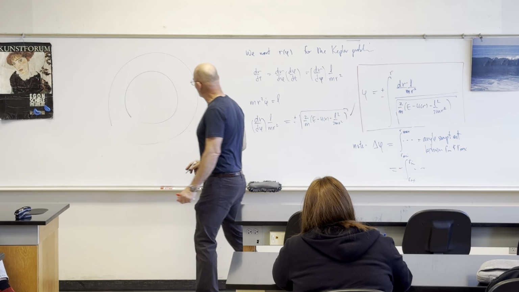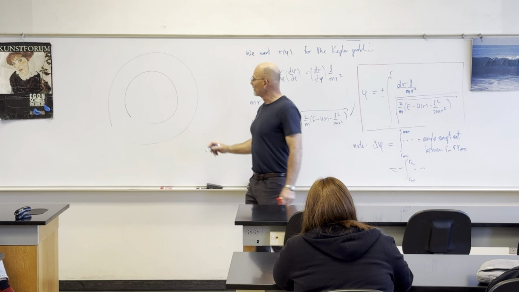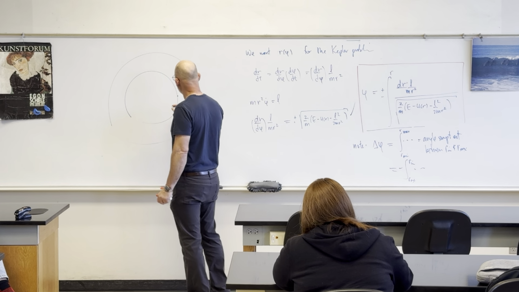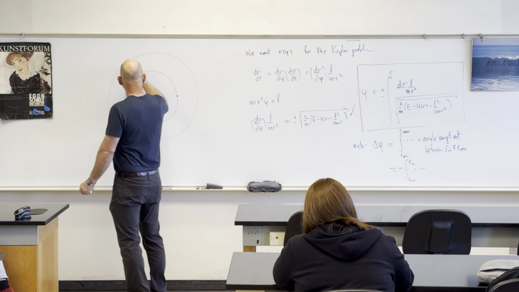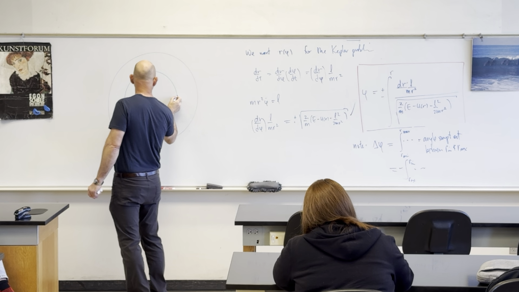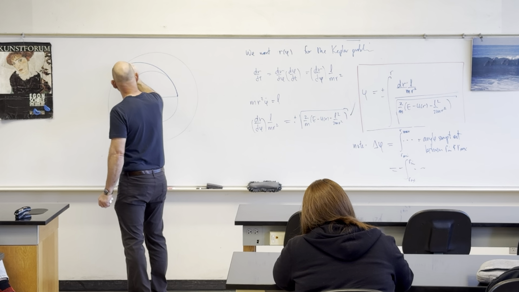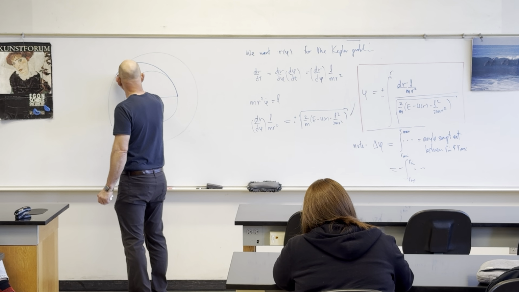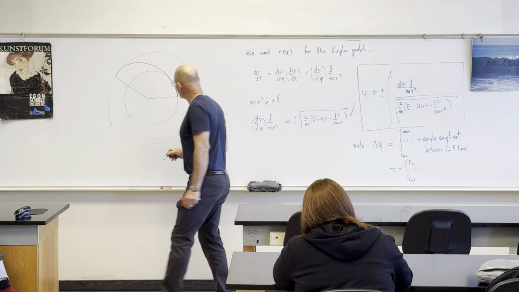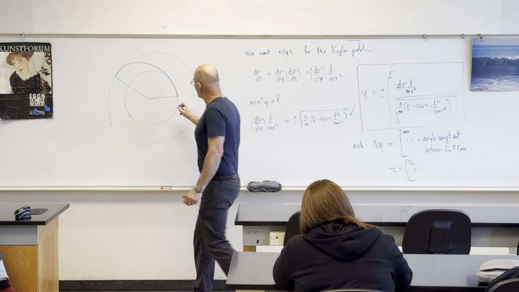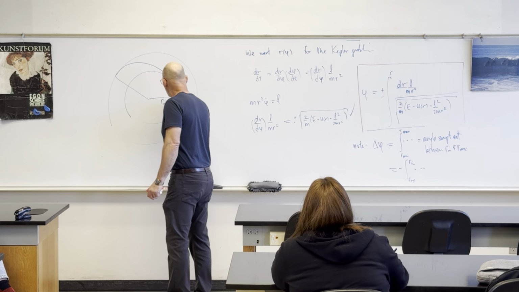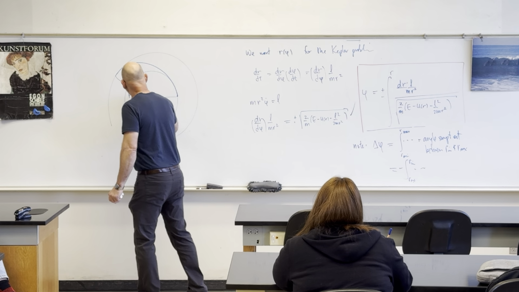We have the closest approach point right here, and between r min and r max, we sweep out a certain amount of angle. This is something we're actually going to study. It's going to get a name, but for the moment, I'll just write r min, r max.